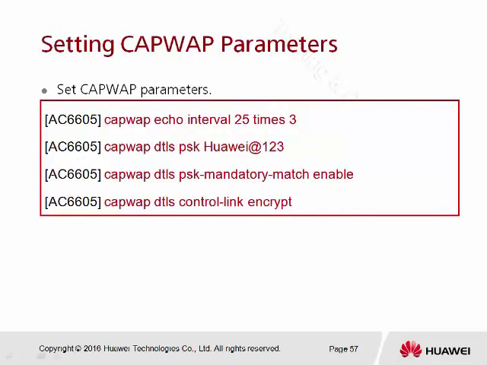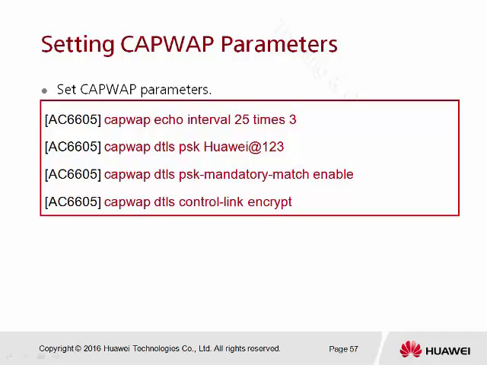Okay, and here are some of the CAPWAP parameter settings. So even for the CAPWAP, we also can set some of the timer and the DTLS, how they actually form it. So to do this one, we have to quit from the WLAN view. We can apply this command from the system view only. So we start with the command capwap echo interval 25 then timer 3.